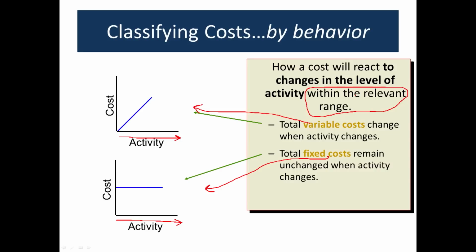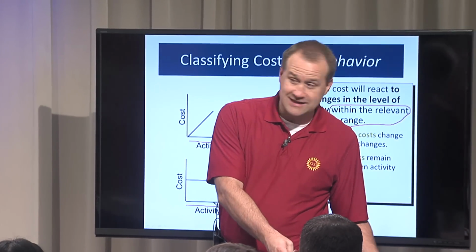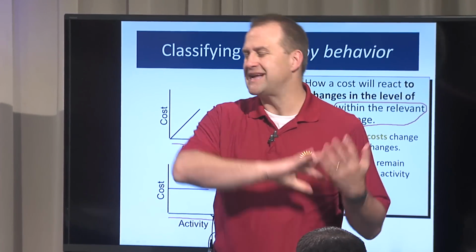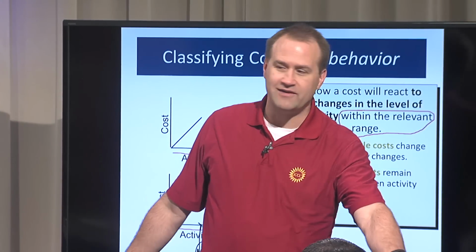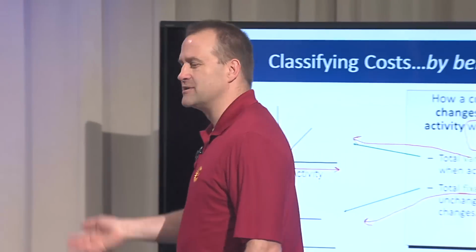For example, if you have 25,000 people at your wedding reception, you can't even be at that hall. But that's not the relevant range. You're not going to have 25,000 people at your wedding. Sometimes people take these examples to the ridiculous and say, well, couldn't it be? Well, we're saying within the relevant range. Does that make sense? Okay.